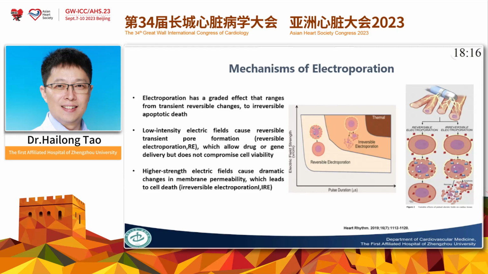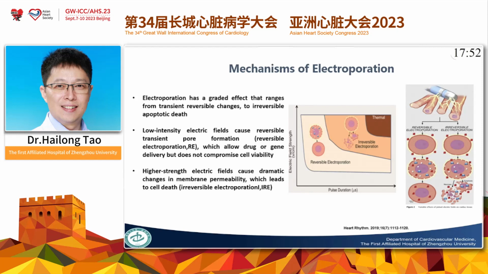A low intensity electric field causes reversible transient pore formation. We call this RE, reversible electroporation, which allows drug or gene delivery but does not compromise cell viability. But a high strength electric field causes dramatic change in the membrane's permeability, which leads to cell death.